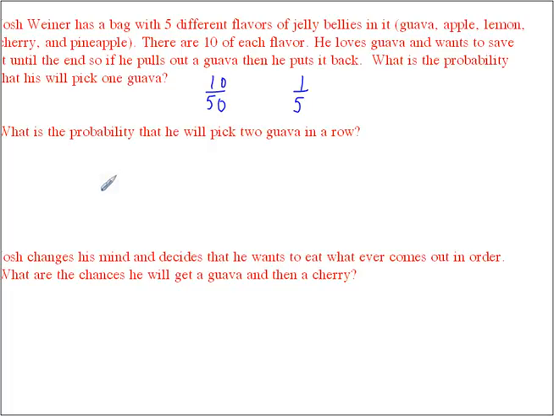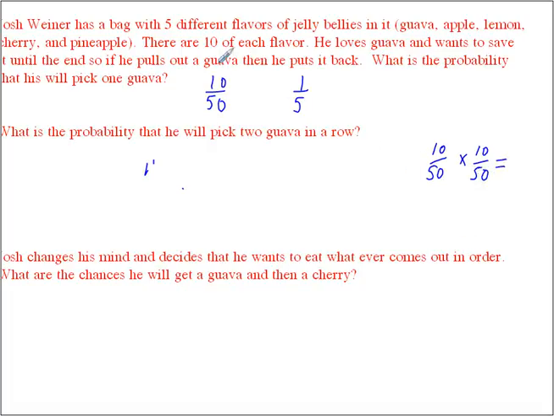What's the probability that he will pick 2 guava in a row? Well, if he picks one guava, then he keeps it in there. So the probability of picking out 1 guava is 10 over 50. Then he's going to put that one back, so he's going to do it again: 10 over 50. This would be independent because they aren't affecting one another.